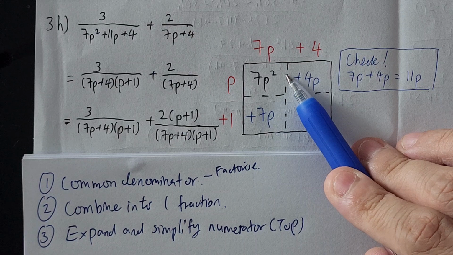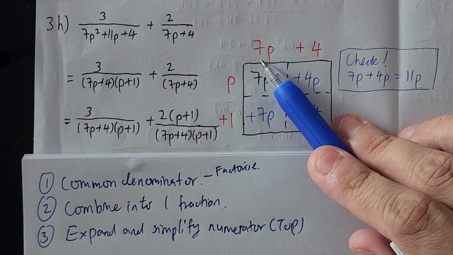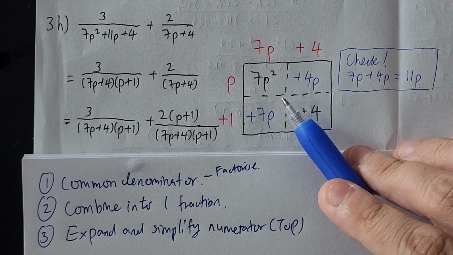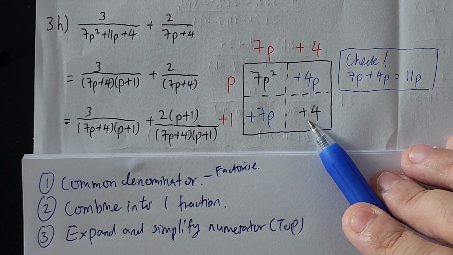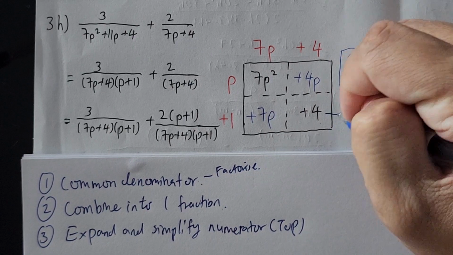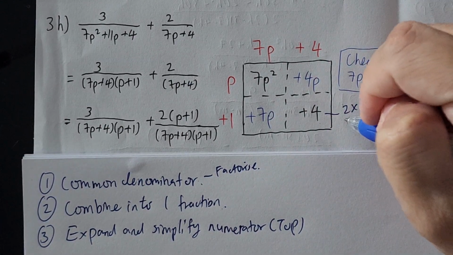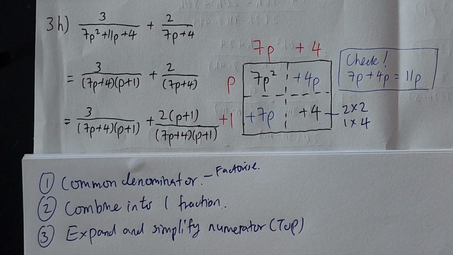There's no other way because 7 is a prime number, so only 7 times 1 gives me 7. How about 4? For 4, there are two groups of factors: either 2 times 2 or 1 times 4. So for this one I need to do the trial and error method.